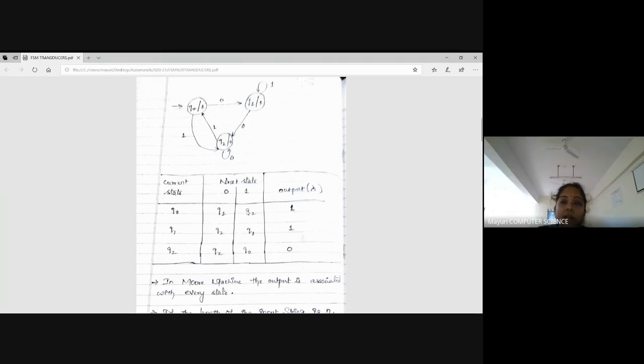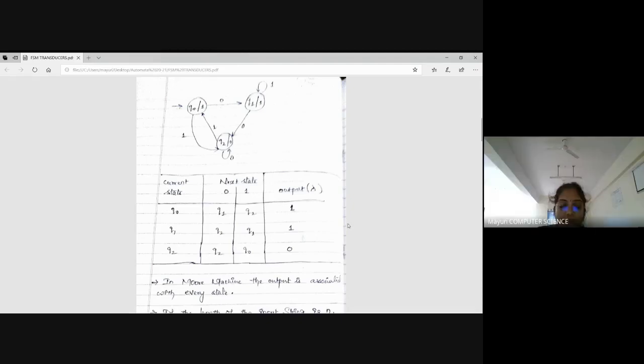Because I cannot decide otherwise, right? It's going on 0, and it's going on 1 also. When you have two different transitions and two different input symbols, I cannot consider the output of the next state. The output, the last column, belongs to the current state here. Q naught output is 1, Q1 output is 1, Q2 output is 0, and this is nothing but your usual transition function called delta.